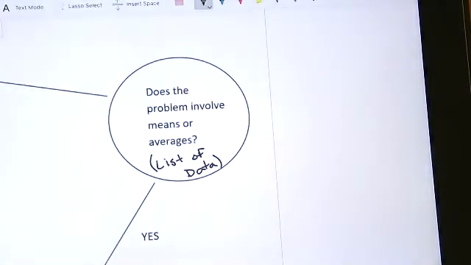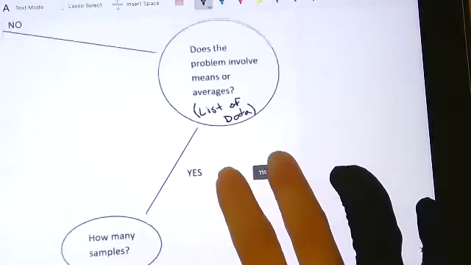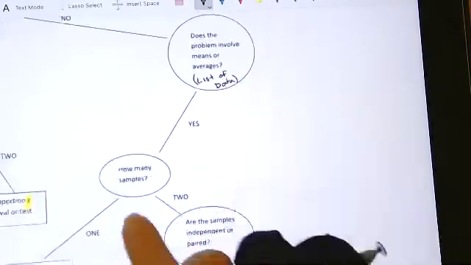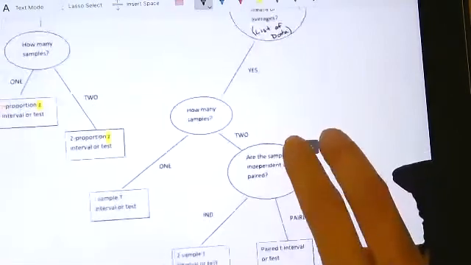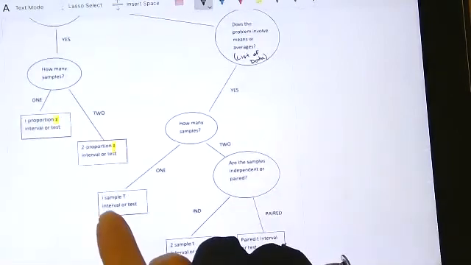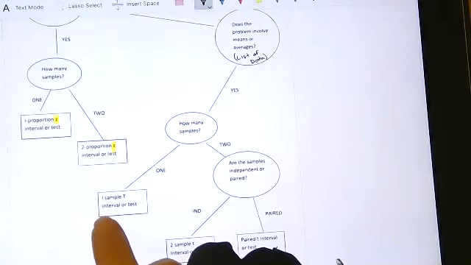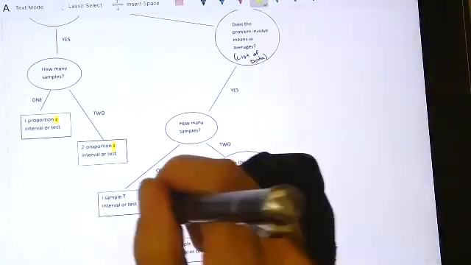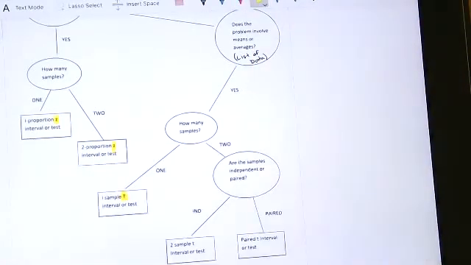If you're given a list of data that could be put into a calculator, that's an indicator that this is probably means. Next question, how many samples? If you got 1, you do a 1 sample T interval or test. And again, since this is means, it's T.